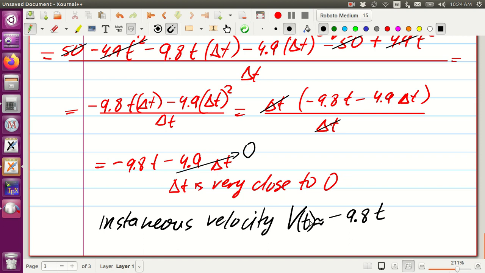So you give me t, I'll tell you instantaneous velocity at time t. So the consequences. The consequences are finding velocity is pretty much the same as finding the derivative of a function, right? Very similar procedure, and the velocity is just the slope of a tangent line.